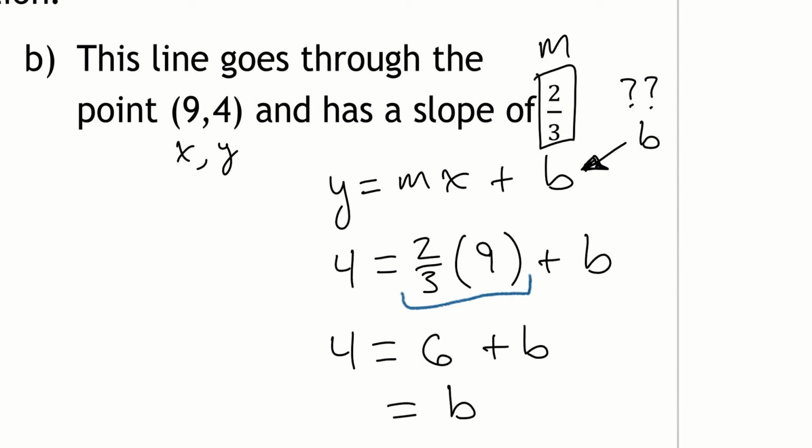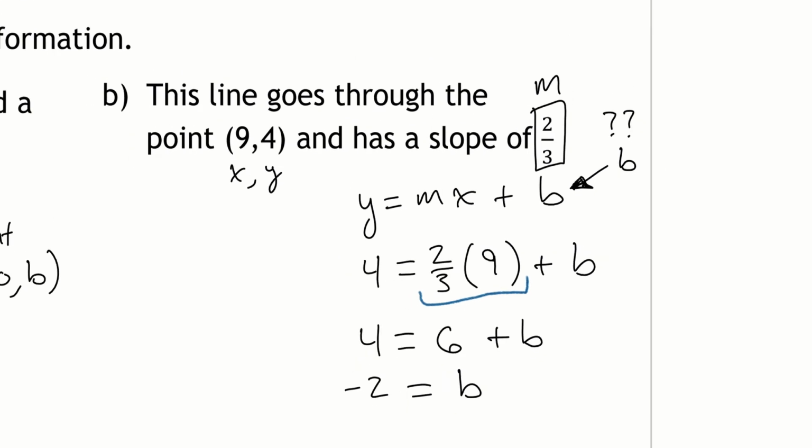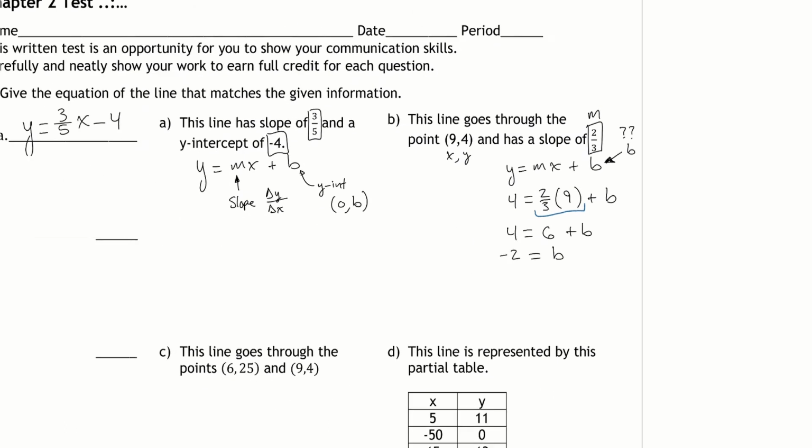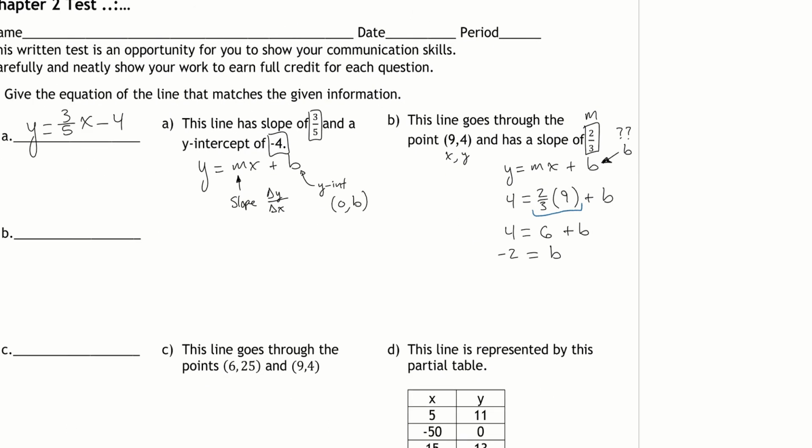And when I subtract 6 from the left-hand side, I'm left with -2. So my y-intercept parameter is at -2, and my slope parameter was already at 2/3. So putting those 2 pieces of information together, we can say that the equation of the line for B is y equals 2/3 x minus 2.